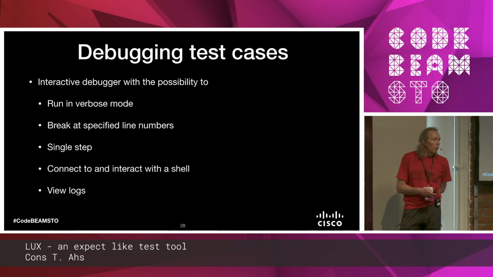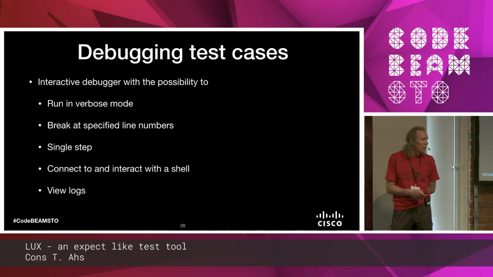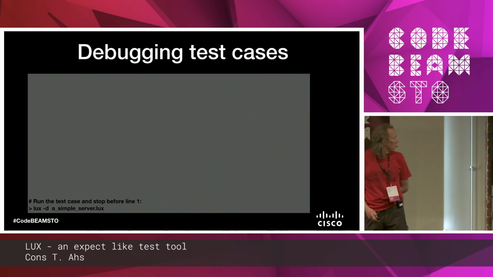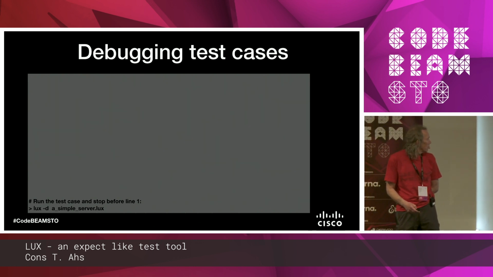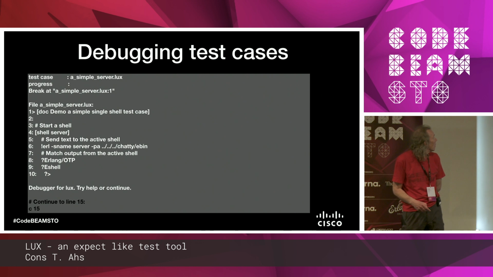So here's an almost live debugging session. It was live before, but not anymore. So we start, sorry about the bad contrast, we start a test case and run LUX with -D, and it will start before line 1 and show where we are.